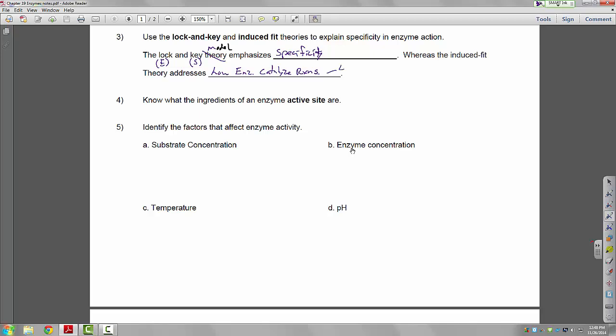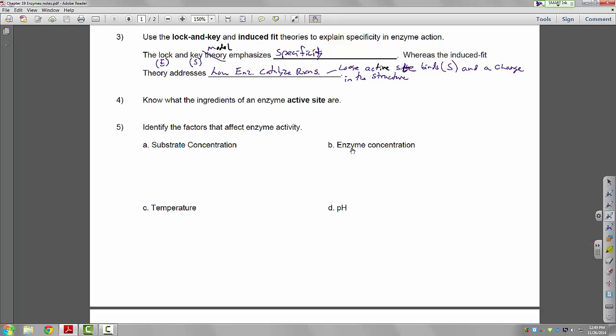I'll say a loose active site binds the substrate, and a change in the structure.